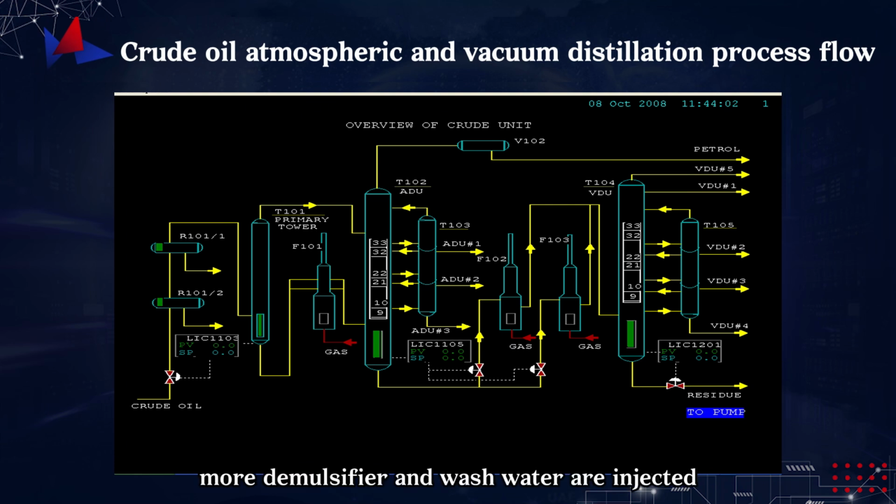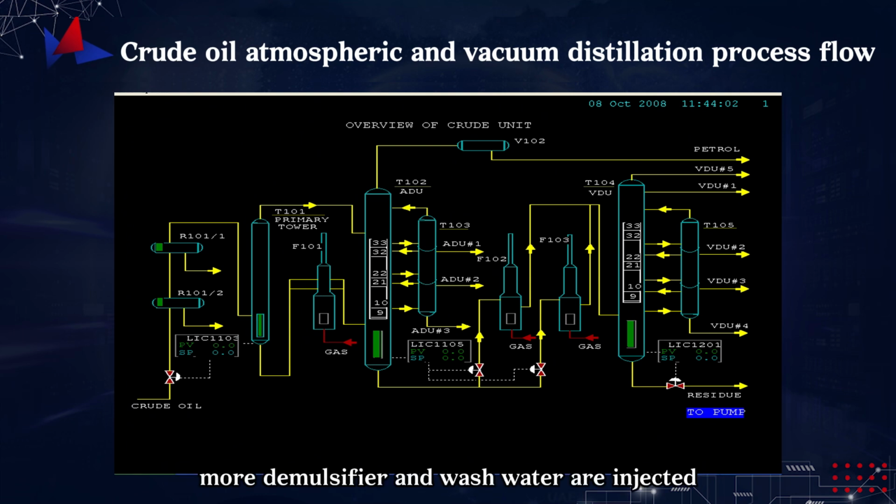More demulsifier and wash water are injected, and after thorough mixing, it enters the second stage electric desalting vessel. Again, under the action of a high-voltage electric field, further oil-water separation occurs. The dehydrated crude oil flows out from the header at the top of the second stage desalting vessel.